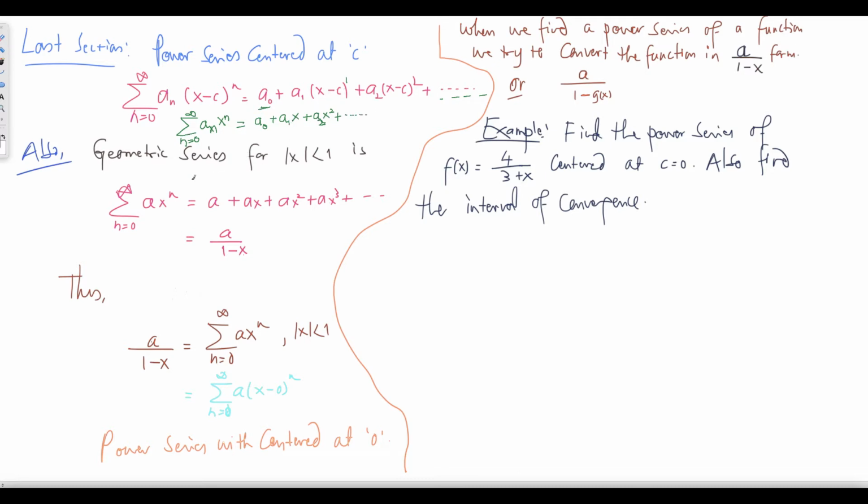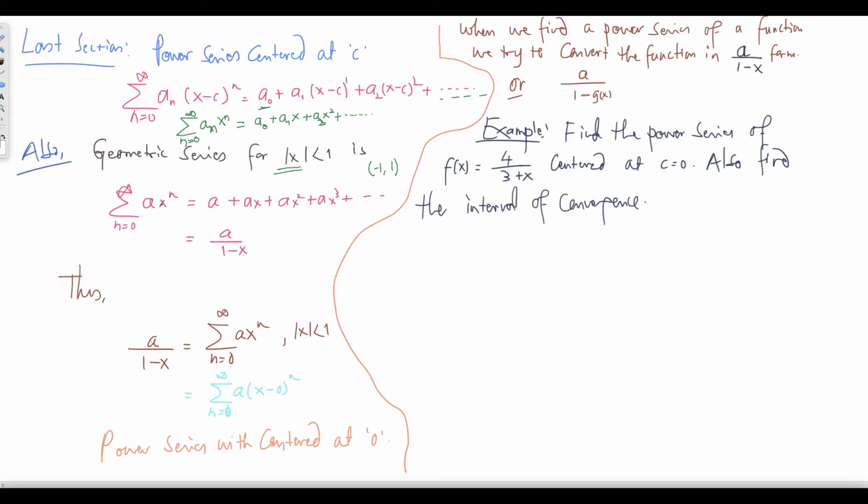Also, if you remember the geometric series from the beginning of chapter 9: if the absolute value of the common ratio is less than 1, meaning the common ratio lies between negative 1 and positive 1, then the summation n equals 0 to infinity of a times x to the n is a geometric series.